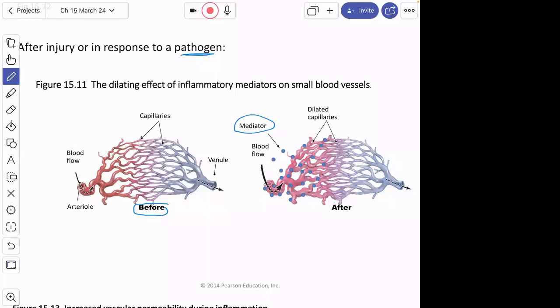They're going to act on this capillary bed and dilate the capillaries. Okay, so we get what we call vasodilation. That just means that the blood vessels get larger and they get leaky.